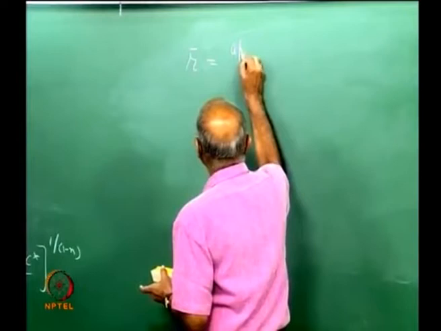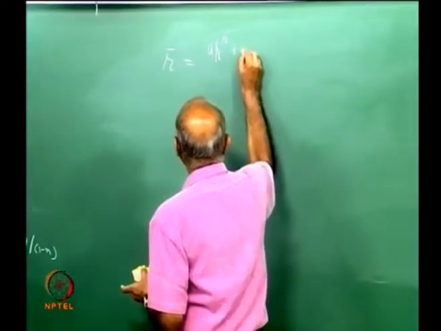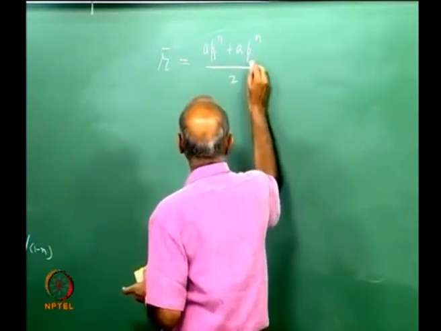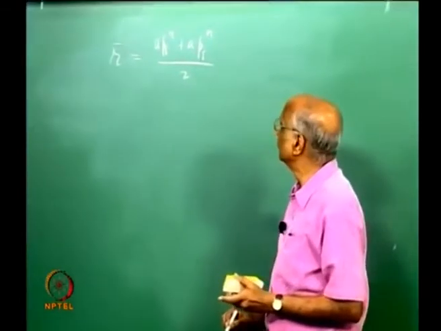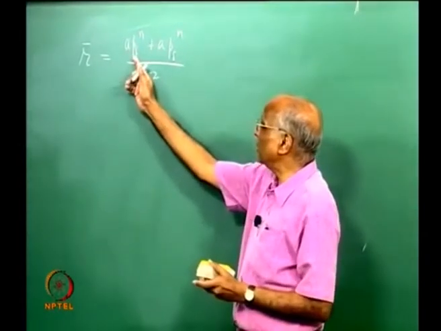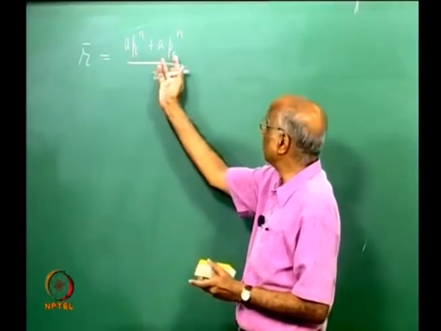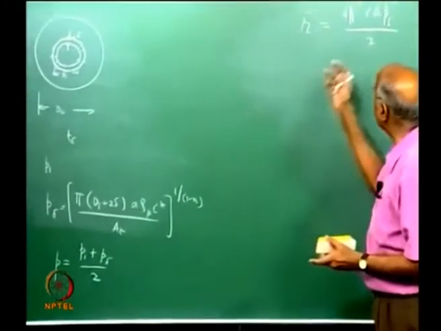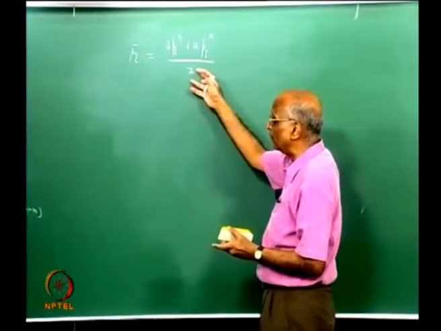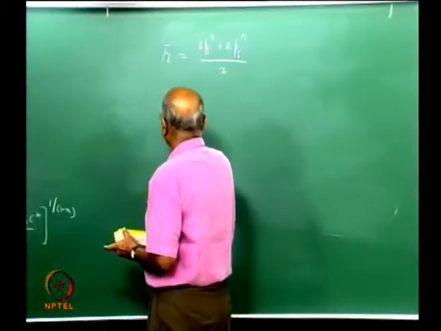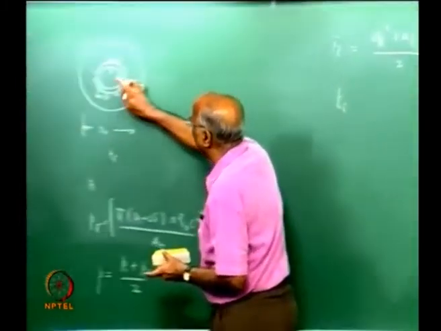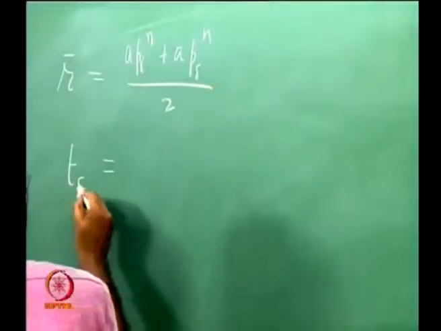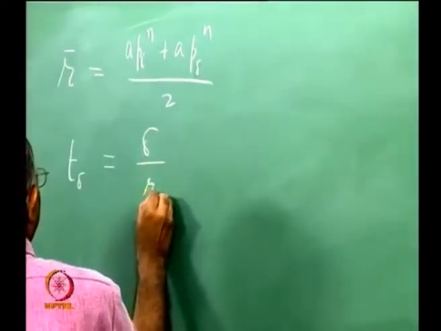A Pi to the power n plus A P delta to the power n, divided by 2. r1 is the burning rate at the initial condition, it has progressed by a factor delta, in which case this becomes my pressure, therefore the burn rate has gone up, divided by 2, and therefore the time taken to burn a small quantity between di to di plus 2 delta, called d delta, is equal to delta divided by r bar.